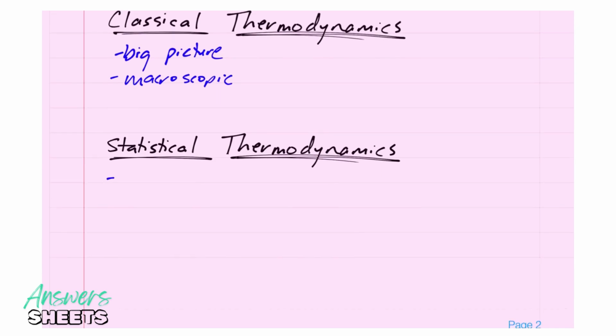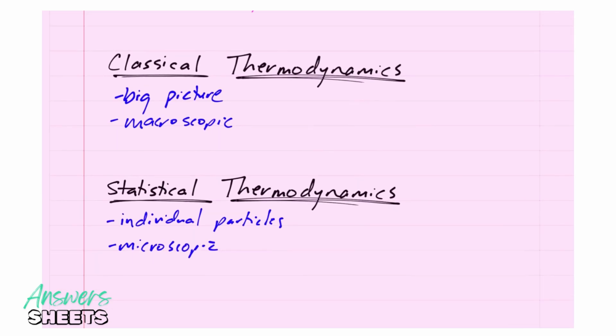Statistical is looking at individual particles, thinking about the energy and velocities of all the microscopic particles. This class will be classical thermodynamics. We're not going to get into the chemistry, the molecules, the particles. We're going to be looking at the fluid as a whole.